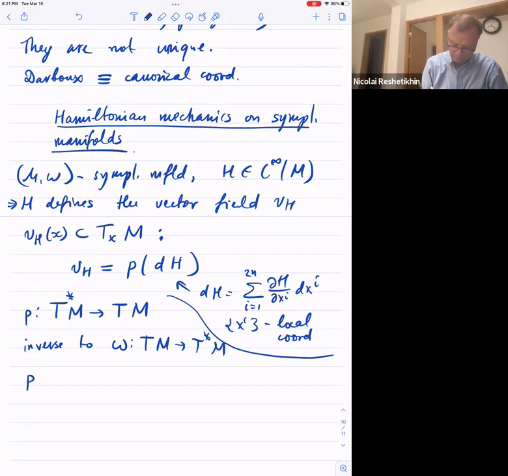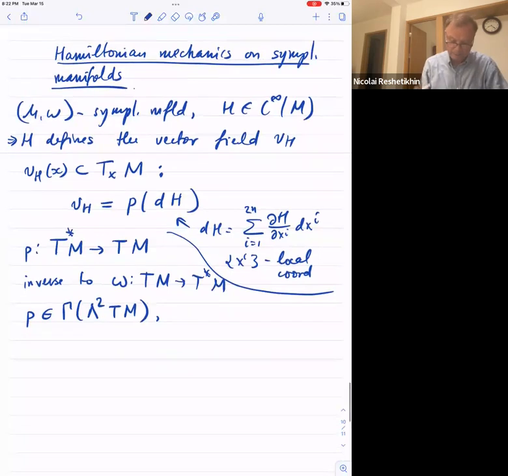So naturally P is a bivector field. And when you do the mapping from the cotangent bundle to the tangent bundle, you pair the bivector with a covector. The remaining part is a vector.